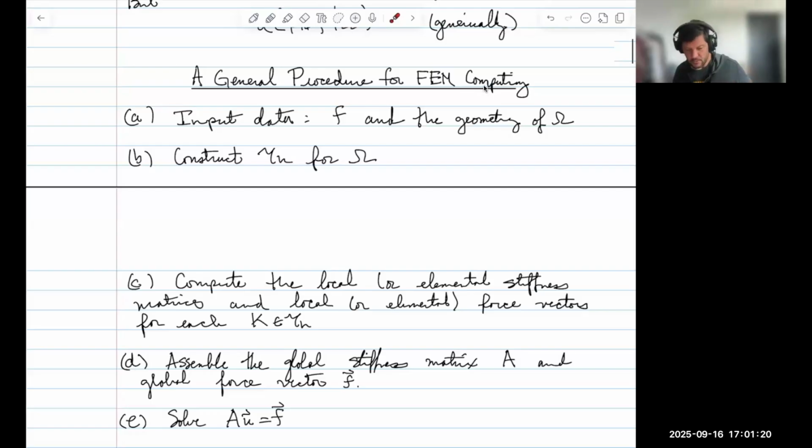Okay, so now I want to review a very generic procedure for how we're going to make the finite element method work in 2D. And the idea is that we'll come back later and fill in at least some of the particulars of these details.